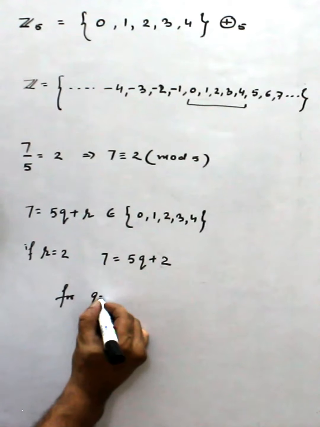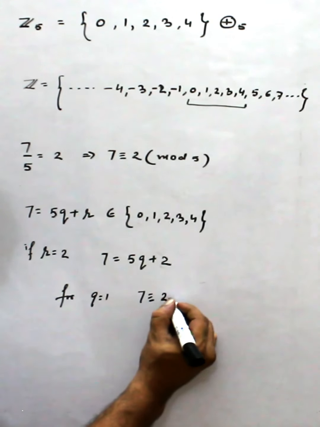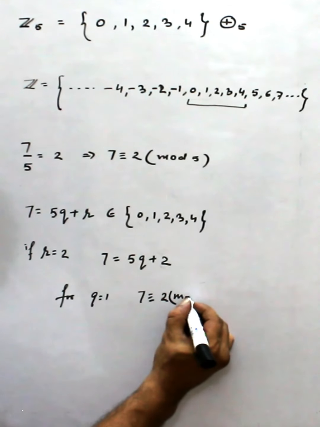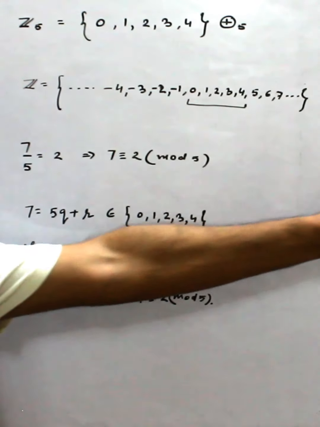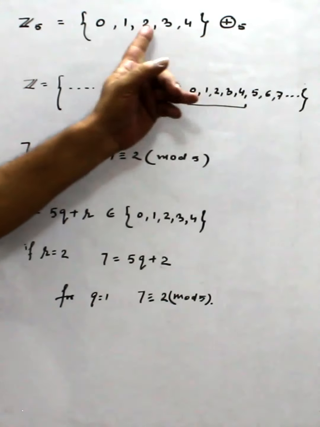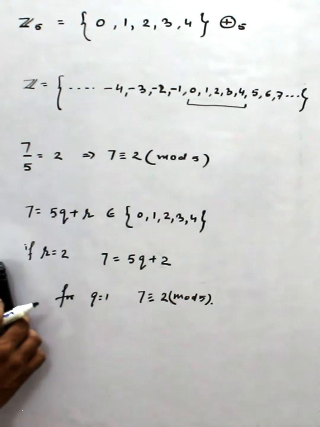For q equal to 1 we can see 7 is congruent to 2 modulo 5. That means all numbers can be brought congruent to some number in Z5, right?